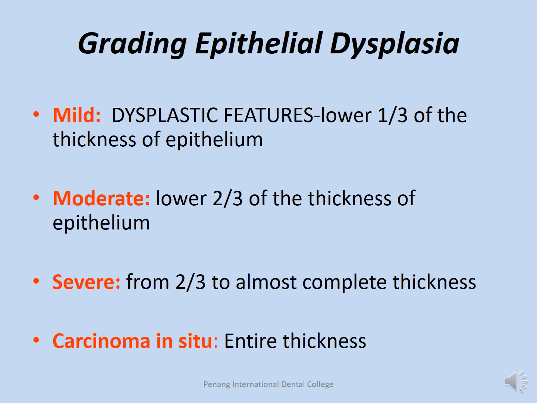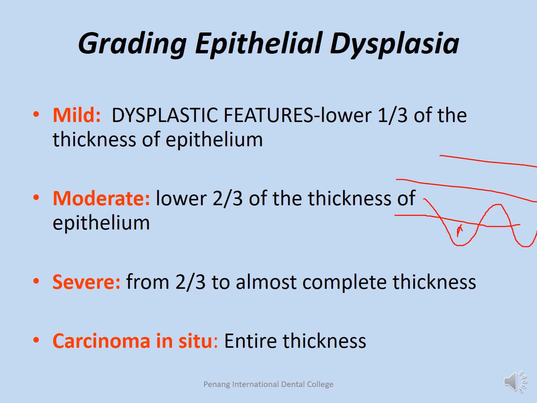Now, once we see these features in the epithelium, we are required to grade it. It's not just enough to identify these features; it's also important to be able to grade them. So when we grade them, basically what we do is we divide the epithelium into three equal parts to see in which part you are seeing these features.